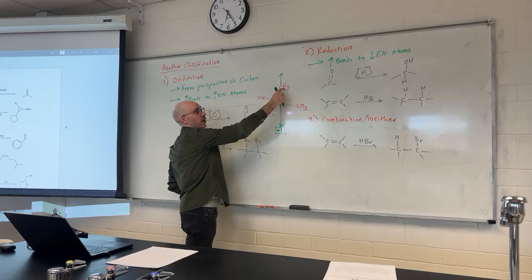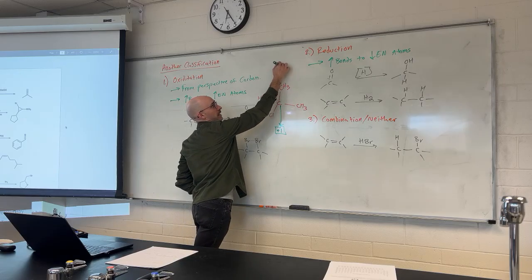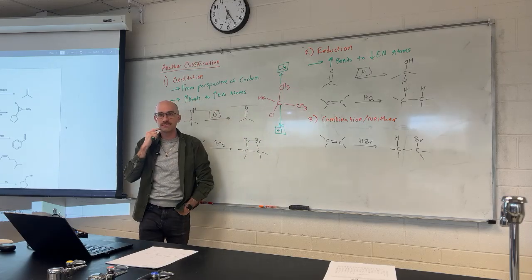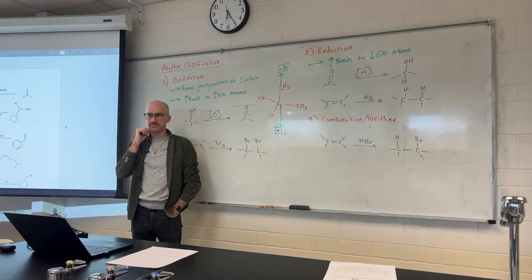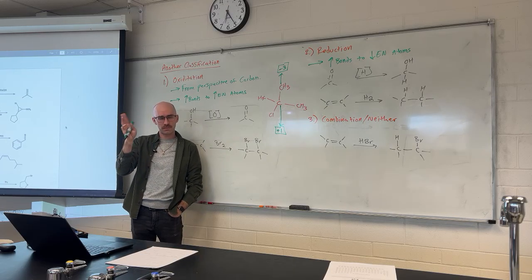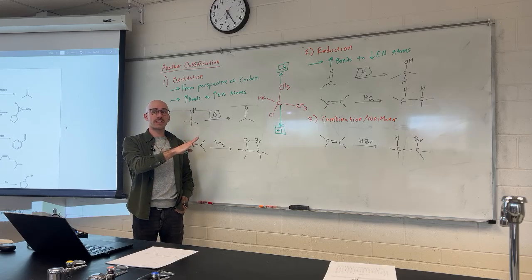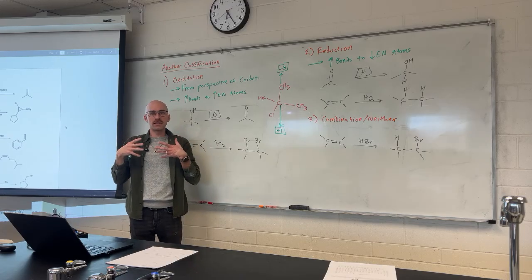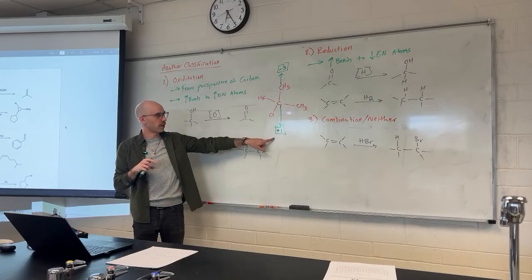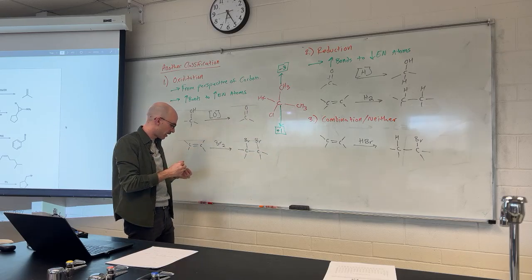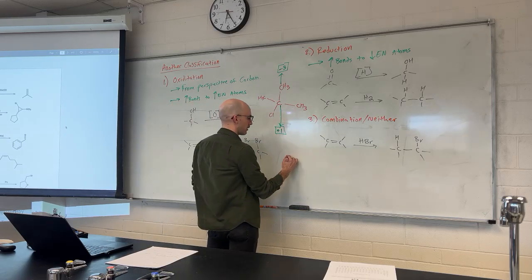So -1, -2, -3 oxidation state. Tracking with that? True, it's a nonpolar bond by definition, by human definition, but carbon is still more electronegative, so it gets the electron density from all of them.